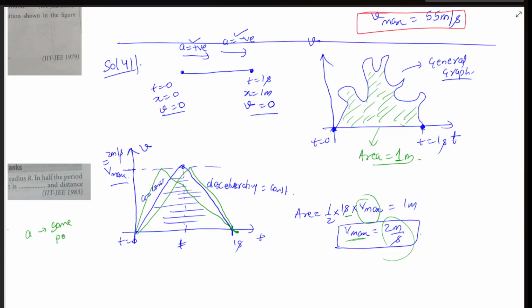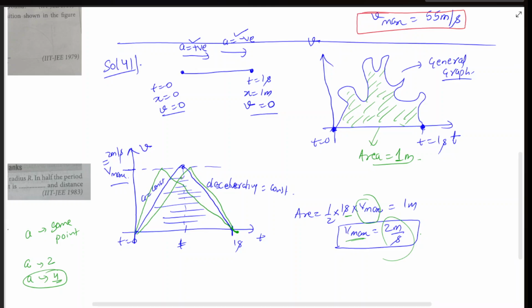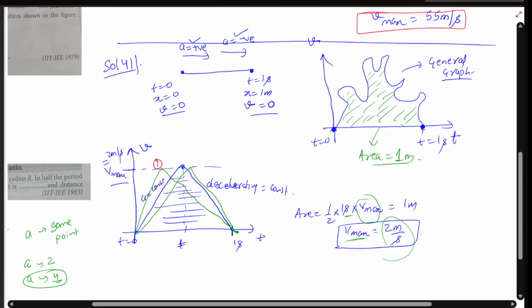Now, I have to find the acceleration at some point, right? One part says the acceleration cannot exceed 2. Another part says that at some point it must have an acceleration of 4 or more. Now, see this line. I'm writing these graphs as 1, 2, and 3, right?